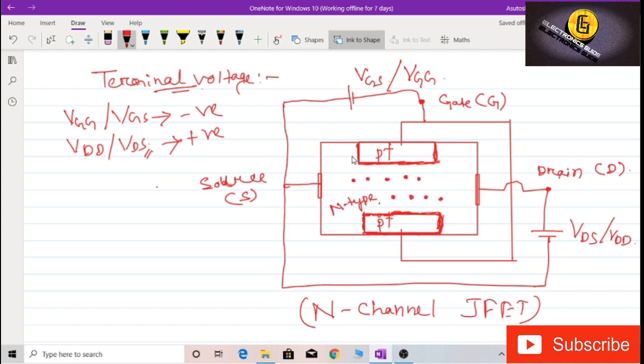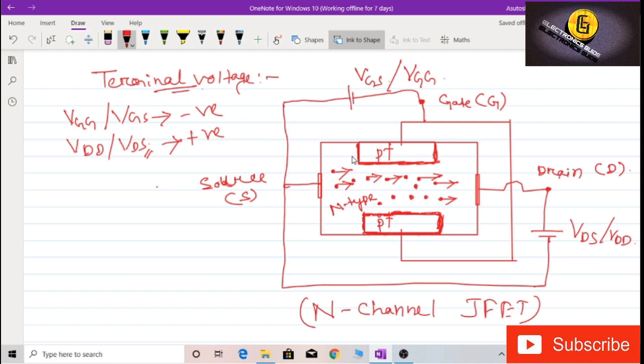The majority charge carriers will flow through this area to reach the drain end, resulting in a current from drain to source, and this current is known as drain current ID.